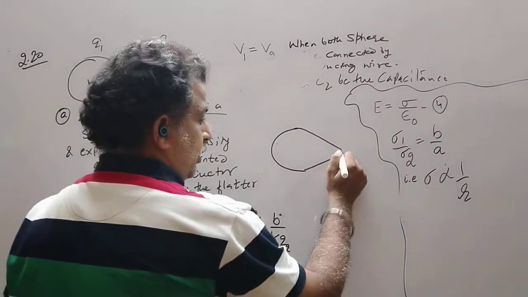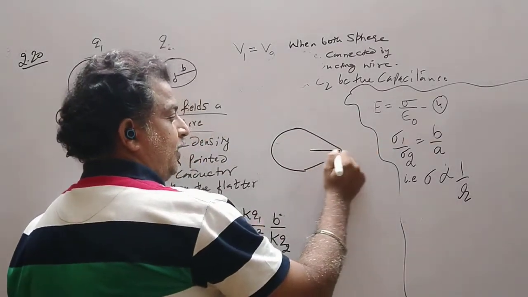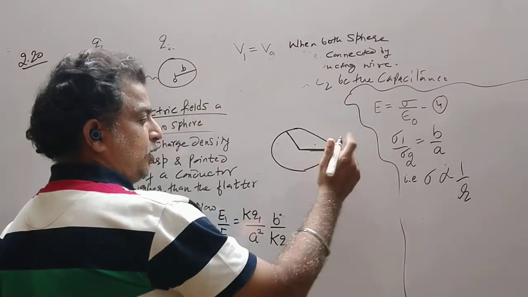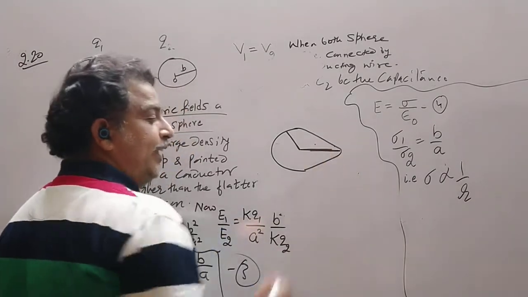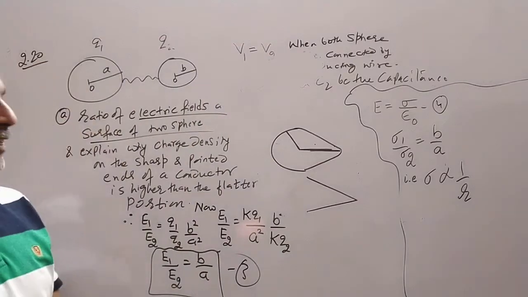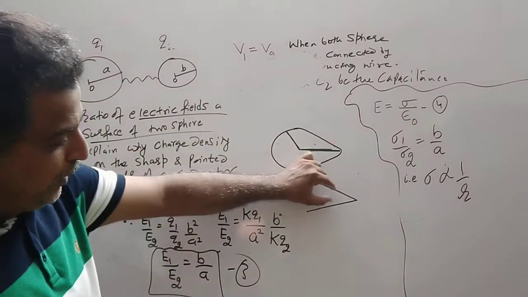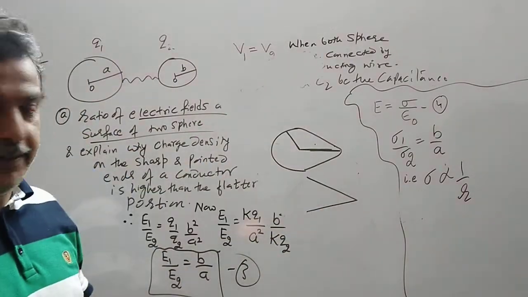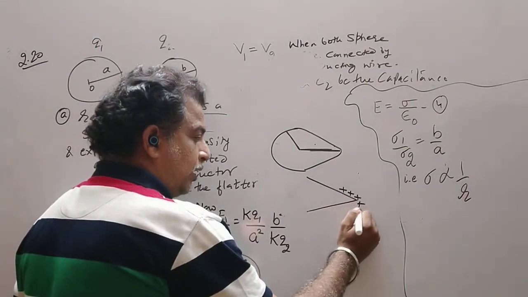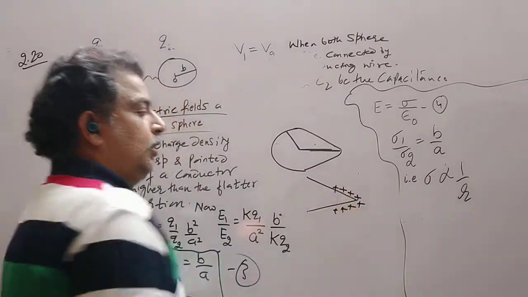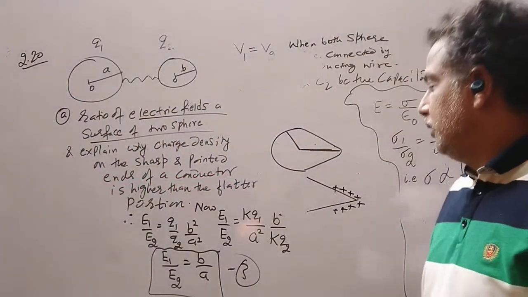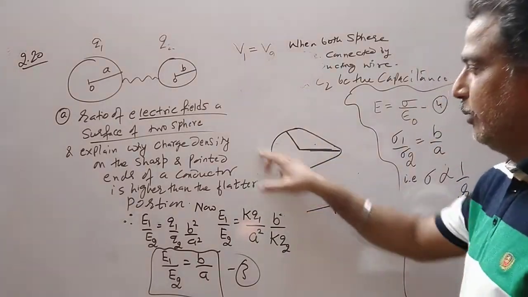Now see this portion radius and this portion radius. As we move towards the pointed end, the radius or the distance between these two parts keeps on decreasing. So when there is a pointed end, the surface charge density on it is more as compared to the flatter portion. Now this is a flatter portion.